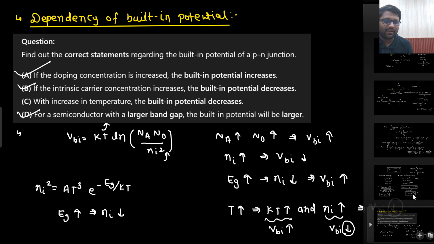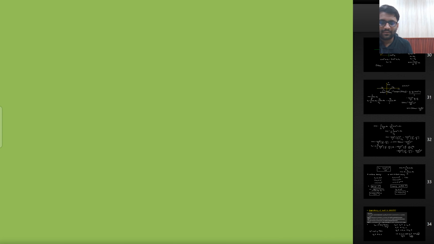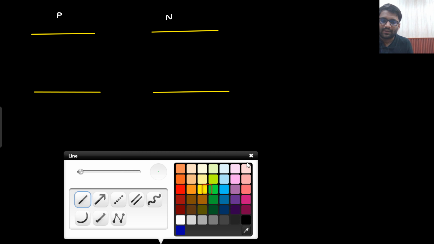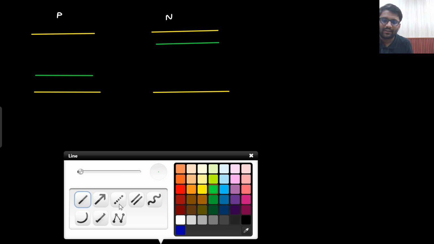So I need to add a page. PN junction we were having, no? So PN, this was the scenario. EC, EV. So at the P side, and this was at the N side, and in between I was having EFI.